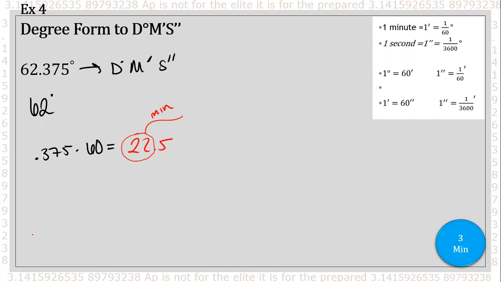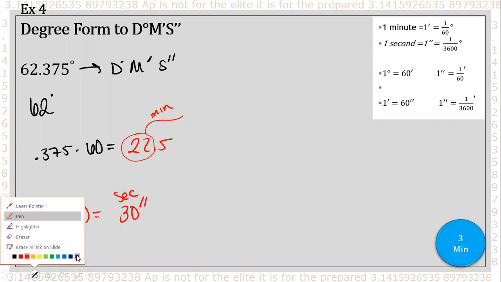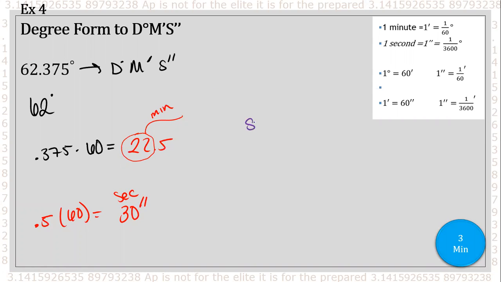The 0.5 multiplied by 60 will be our seconds. Okay, so if we write this down completely, our solution should be 62 degrees. Our minutes will be this whole number right here, 22 minutes. And last but not least, 30 seconds.